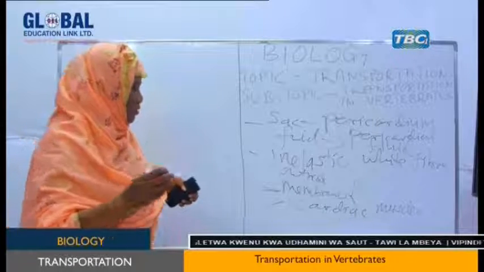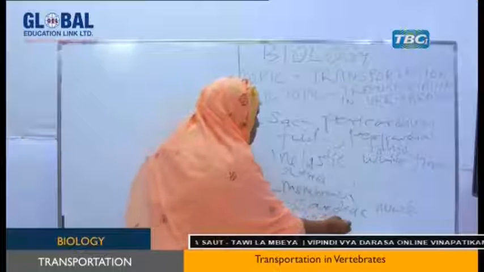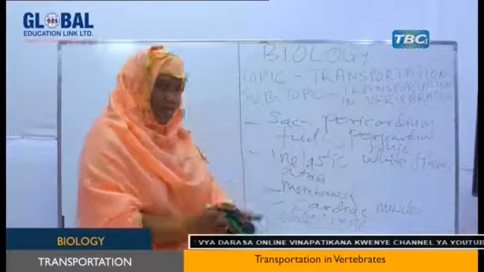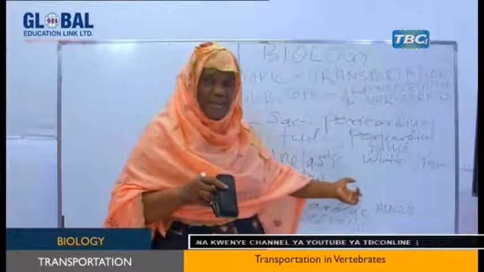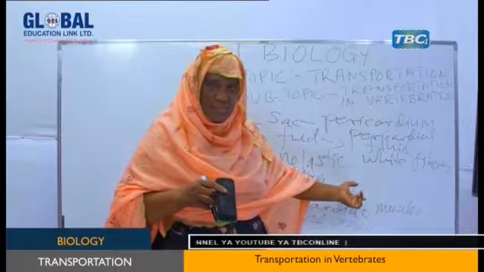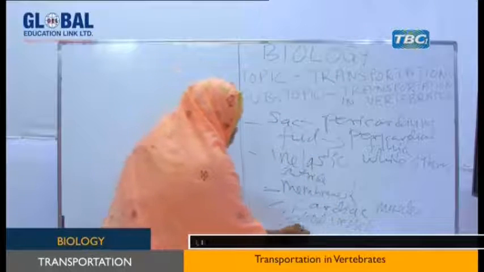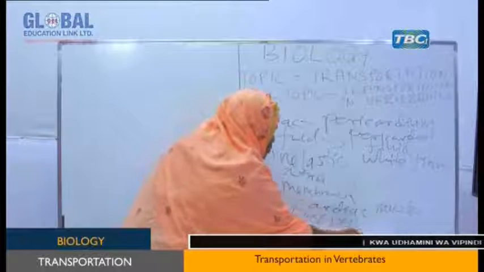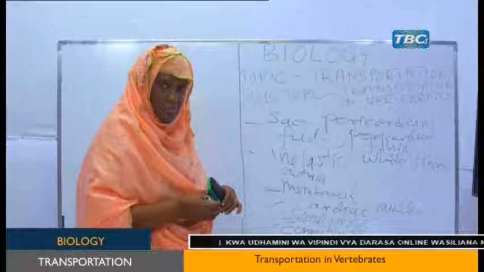There are also blood vessels which supply the cardiac muscle nutrients and the oxygen. There are also connective tissues.